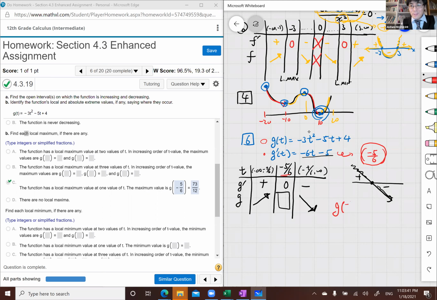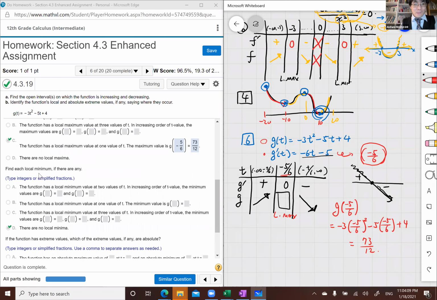So I'm going to put this in. It's going to be a messy computation. I had to do this. But after you do this computation, you're going to get 73/12. So that's going to be the local maximum, and it is also going to be the absolute maximum.